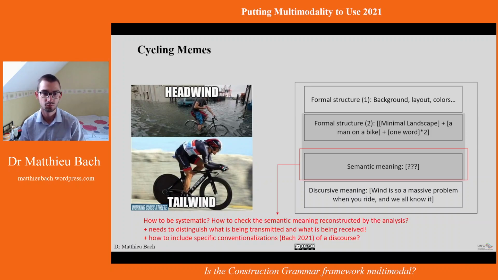So again, how to be systematic in the reconstruction of the semantic meaning, how to check the semantic meaning reconstructed by the analysis. Then we need to distinguish what is being transmitted from what is being received. And the third question now is how to include specific conventionalizations of a discourse in the constructional representation of the cycling meme.